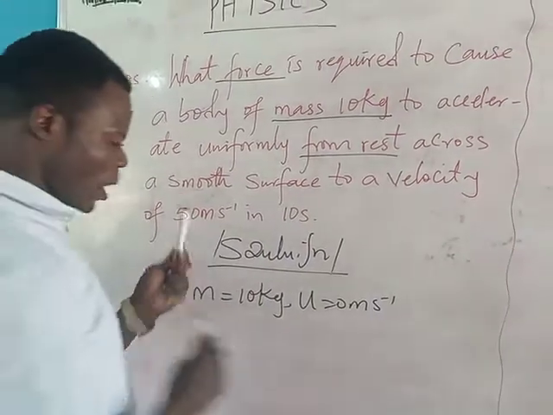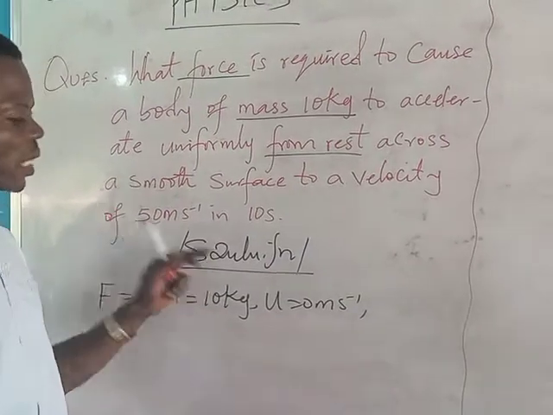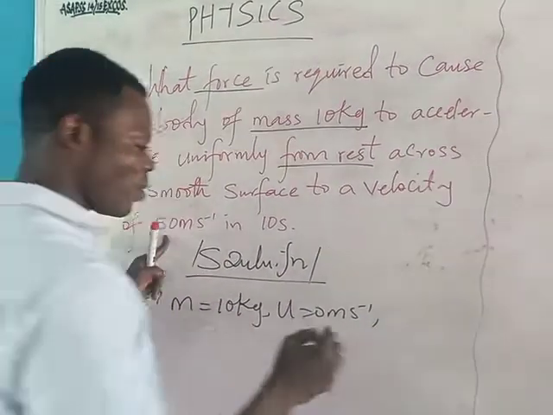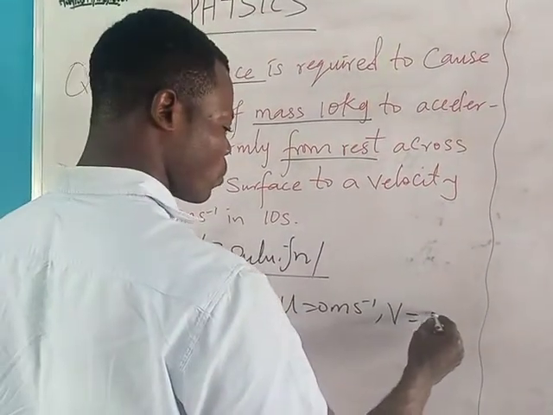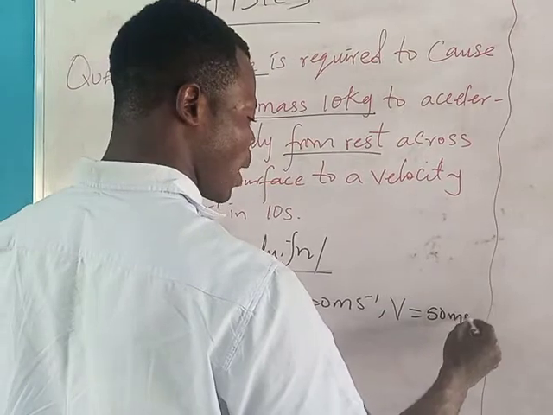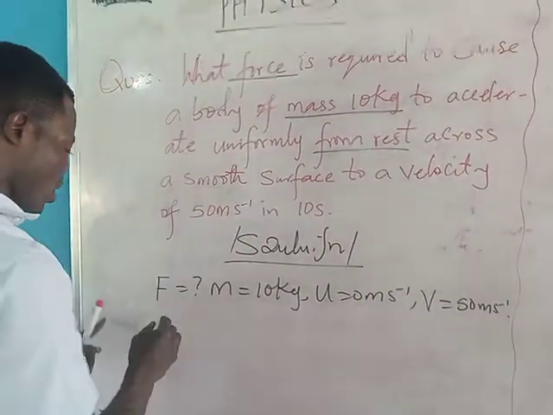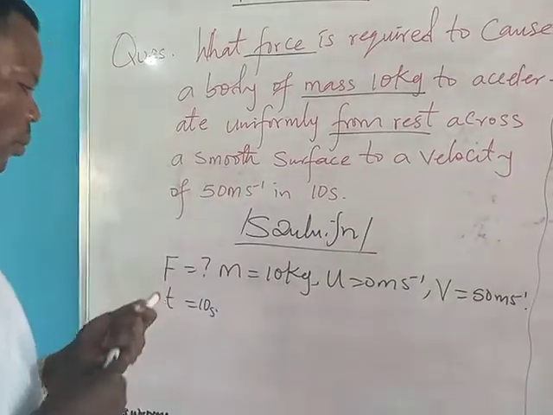That means if our U, which is initial velocity, is 0, this will be our final velocity. Our V is equal to 50 meters per second. Our time is also given, T is equal to 10 seconds.